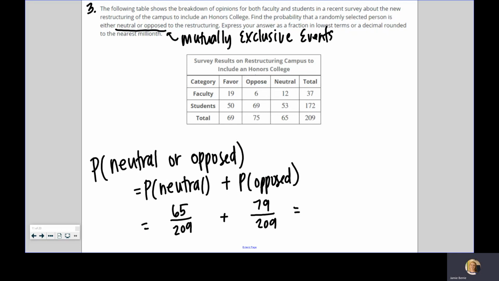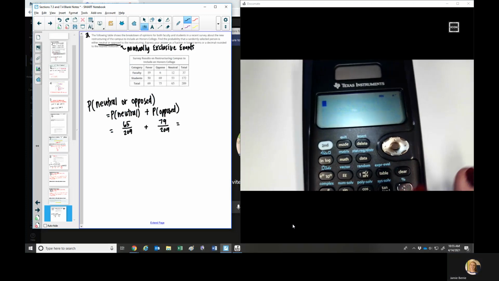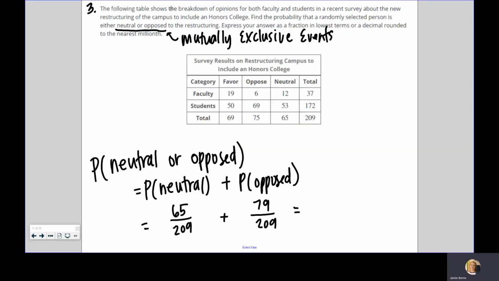All right, so let's add those up. 65 out of 209 plus 79 out of 209. I'm going to make that into a fraction. So it's 144 out of 209.